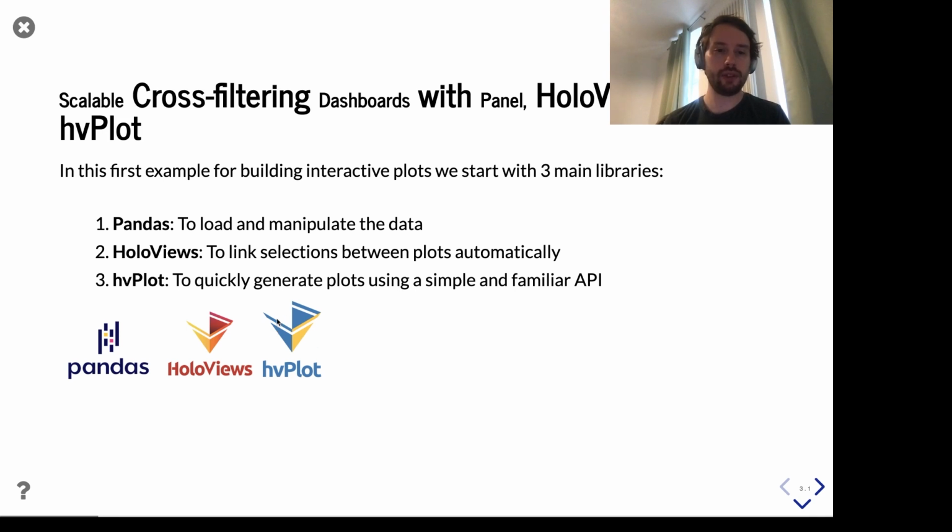So hvPlot is very much mirrored on the pandas.plot API, and so if you're familiar with that, it's going to give you a very familiar experience. But instead of outputting matplotlib plots, which are static, hvPlot generates Bokeh plots, which you can interactively work with.